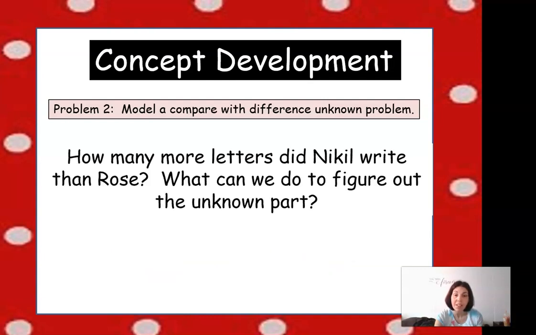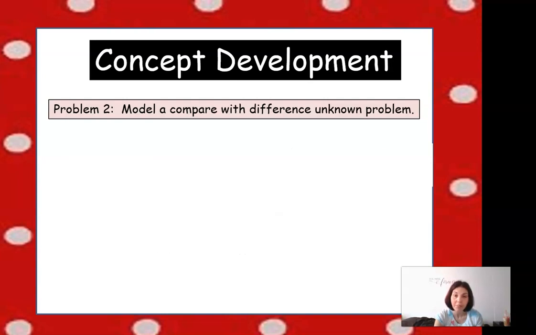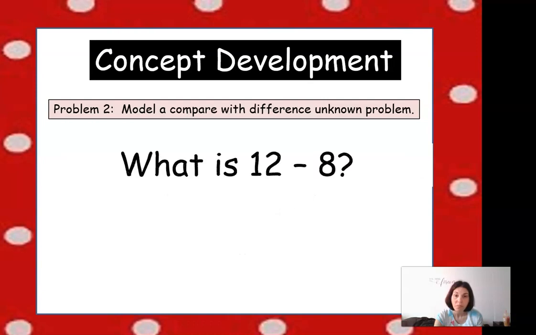How many more letters did Nicole write than Rosie? How can we figure out the unknown part? The part with the question mark. We can subtract 12 minus 8. We can count on, starting at 8 and counting up to 12.